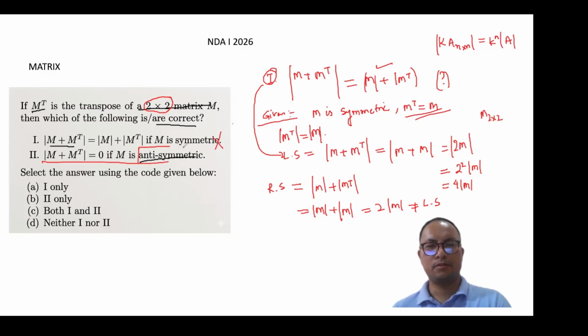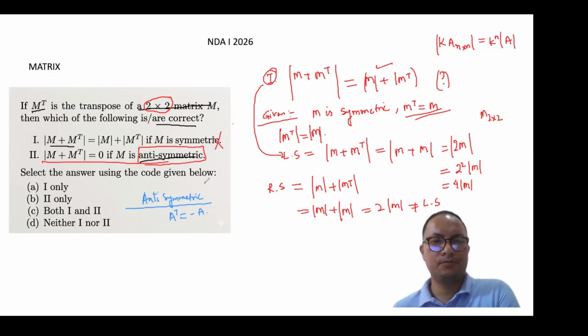Now we consider anti-symmetric. Whenever we say anti-symmetric, also called skew symmetric, that means A transpose will be minus of A. So let's check the second option.